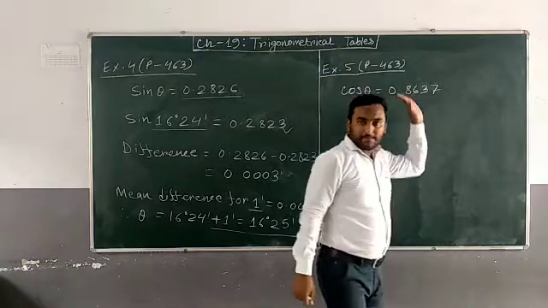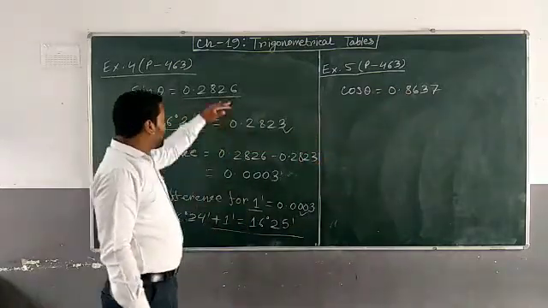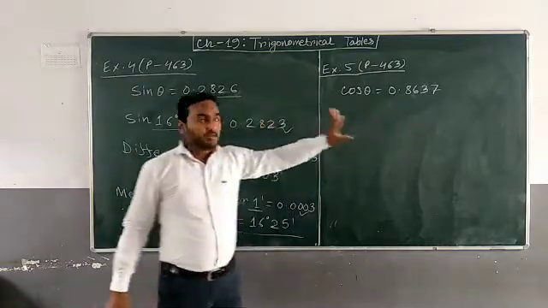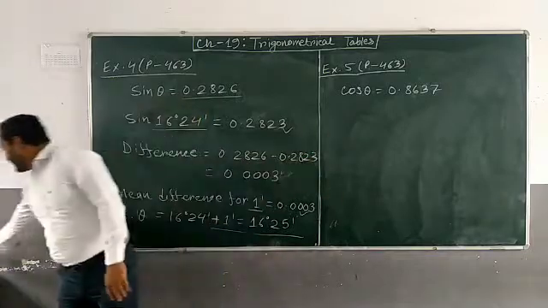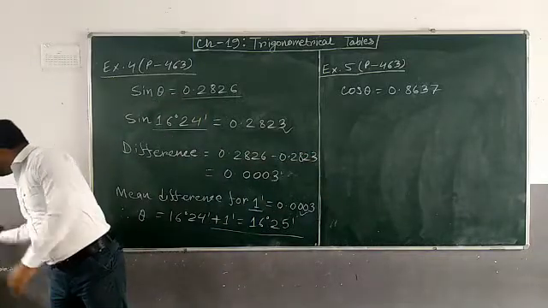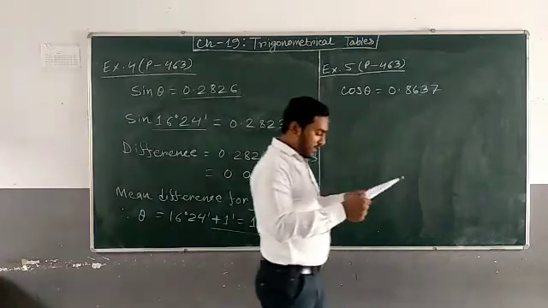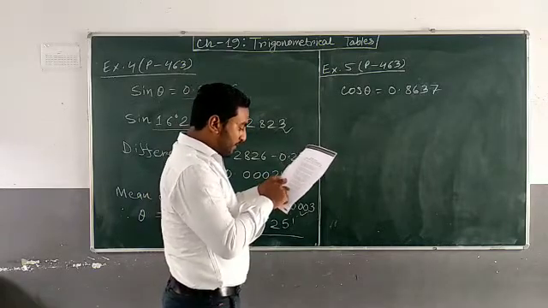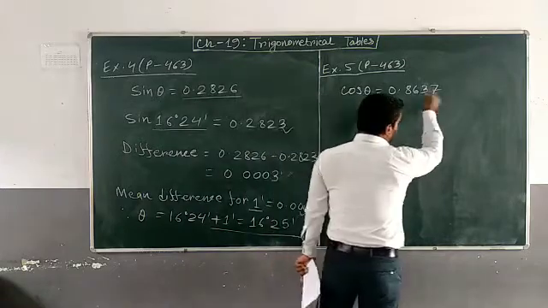First of all, it is the same method, but a little bit of difference will be there in this part. The first part is the same. At first you have to see whether the exact value is in the table or not. So first check the value 0.8637. It is not there in the table exactly.